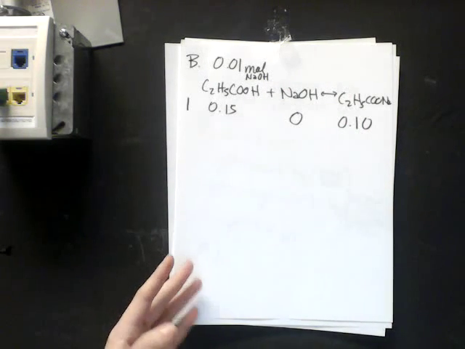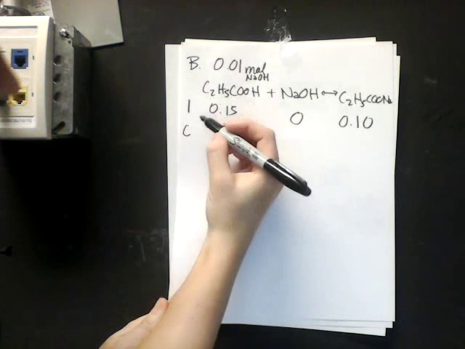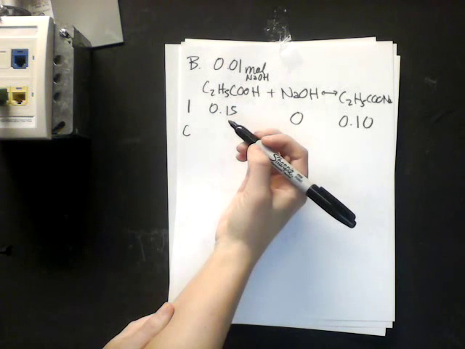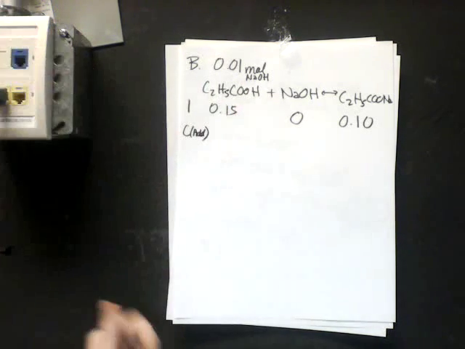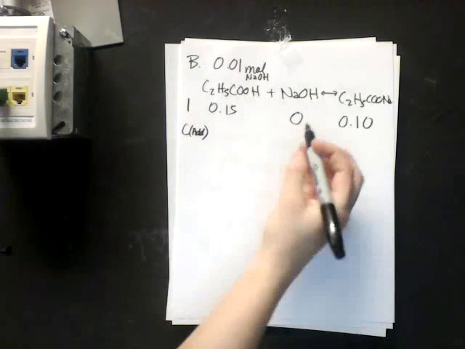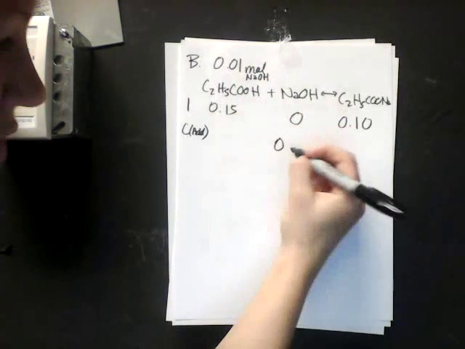Now, NaOH has not been added yet. This is what we have initially. What am I adding? Sometimes they call this change, but for buffers, sometimes they call it addition. And what they say here is that we're adding that 0.01, what was given in the problem.